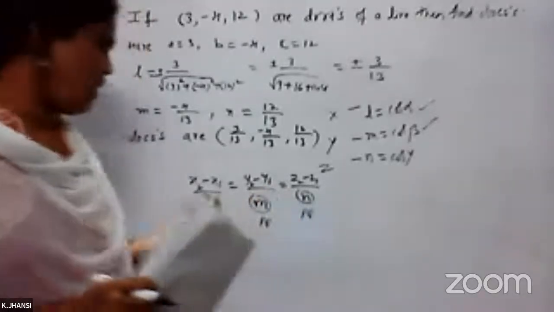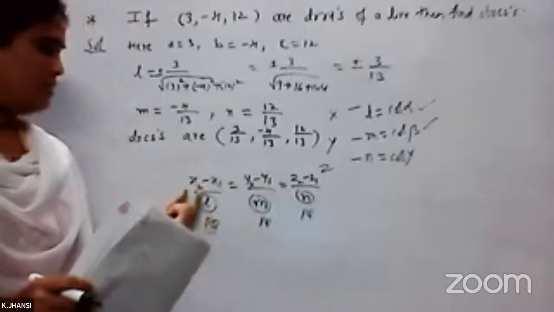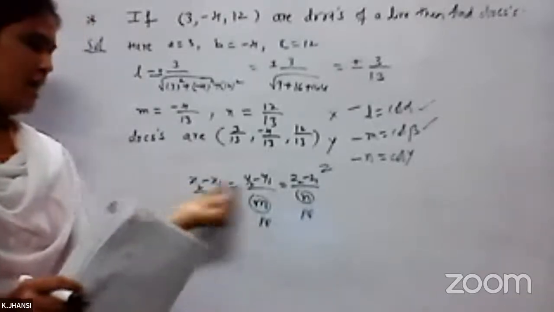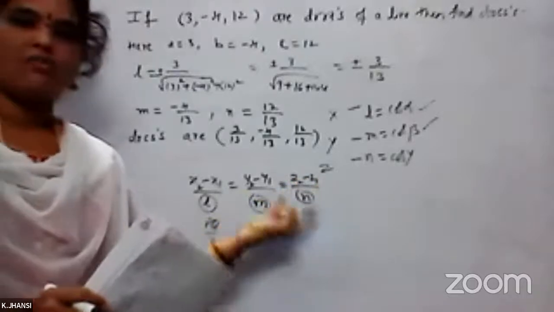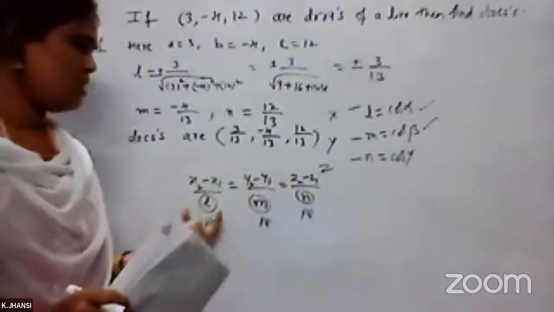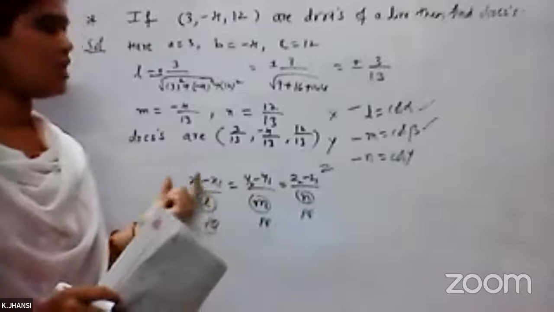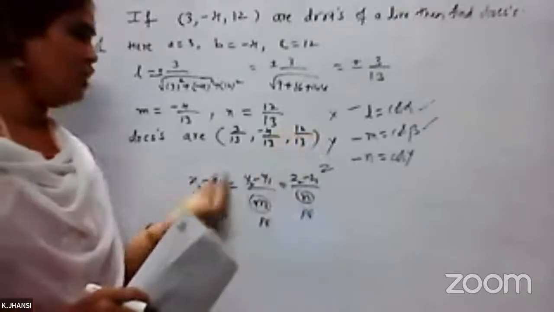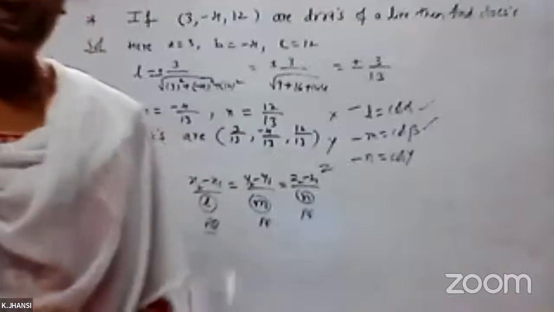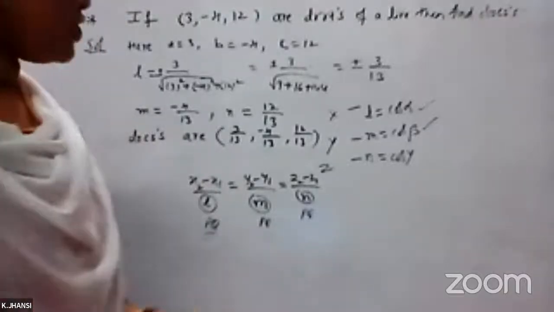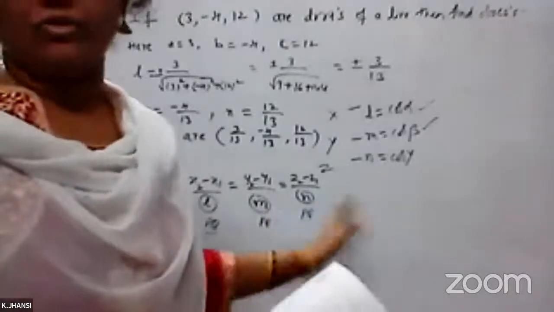In that, if you observe, the line equation will be like this: x minus x1 by L, y minus y1 by M equals z minus z1 by N. That concept you got from the first unit: what is the projection of the line between 2 points? From this we'll get the formula for finding the equation of the straight line.